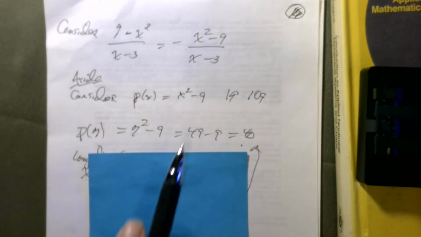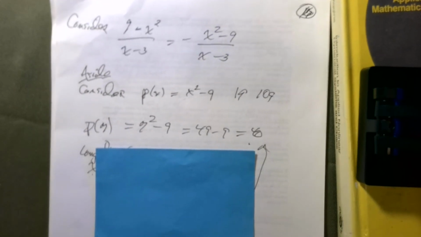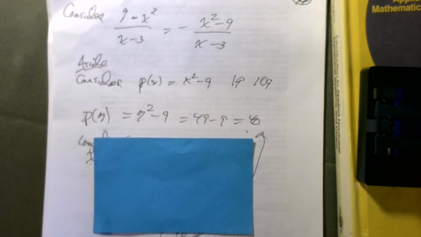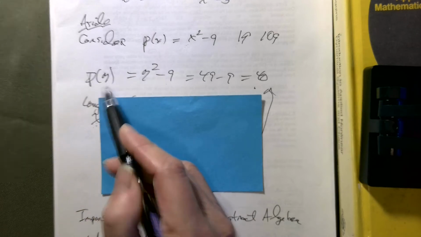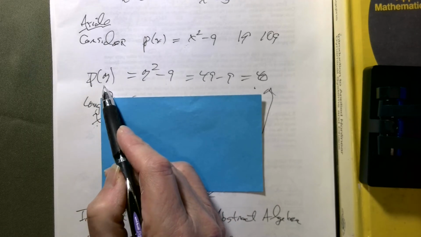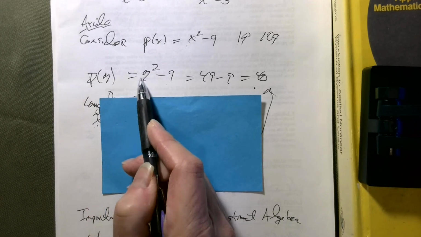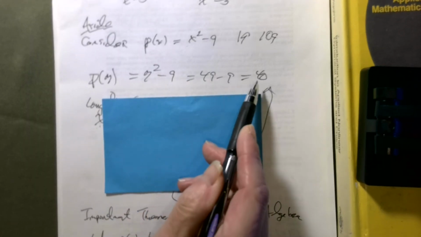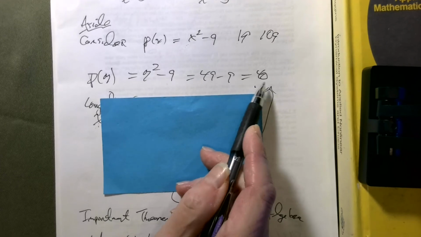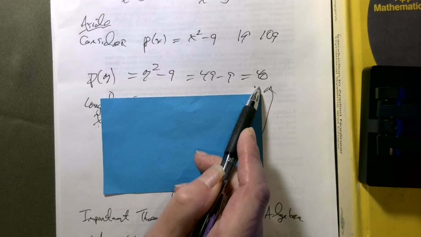Suppose I tell you that I have this polynomial and I evaluate it at 7. Again, where did the 7 come from? Out of thin air. So if I put in a 7 and I square it, I get a 49. I subtract off a 9, and I get a 40.